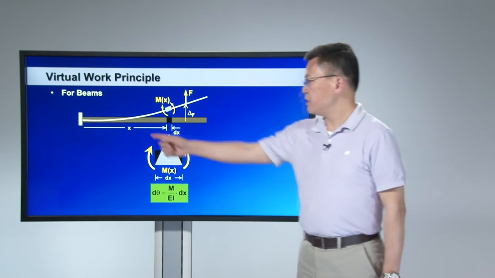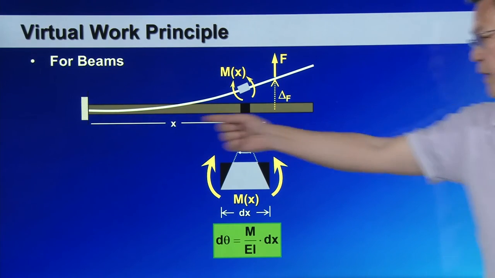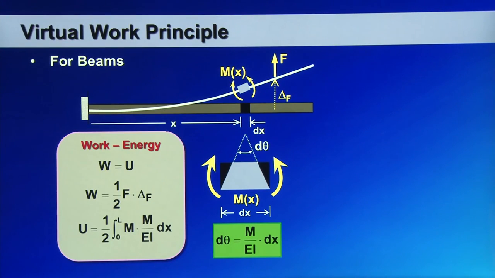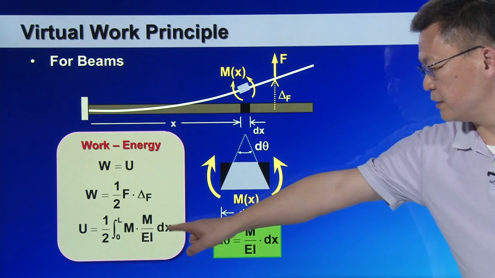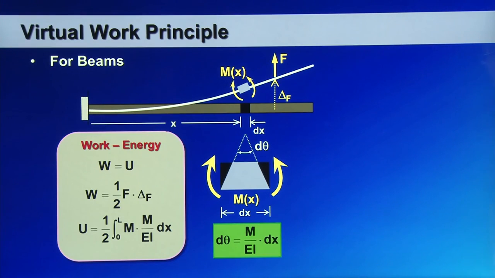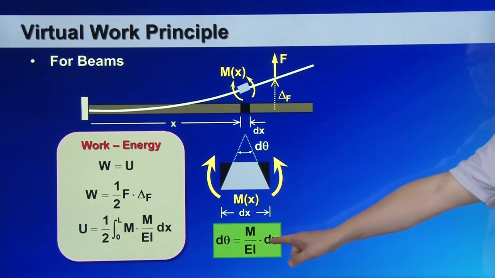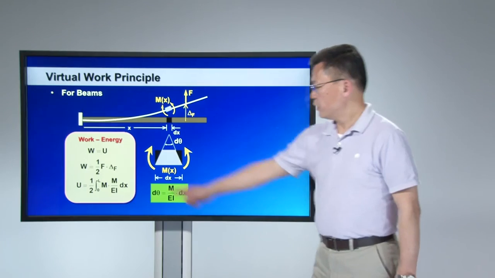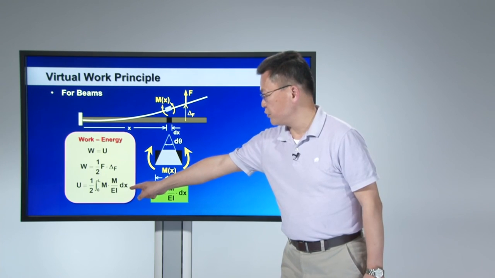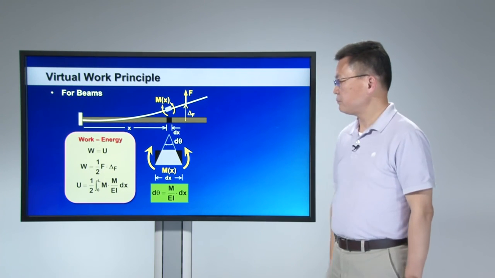If you integrate for the whole beam, then the strain energy saved inside this beam is equal to 1/2 integration of M times d theta, which is M over EI dx, according to the moment curvature equation. So here is the strain energy expression for the beam.